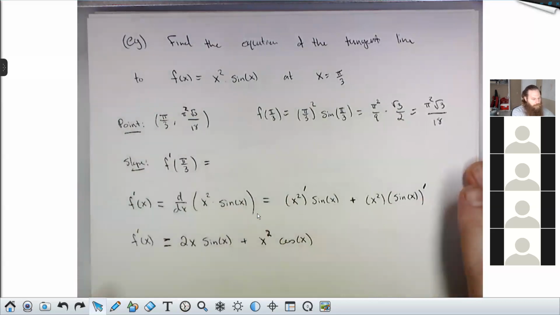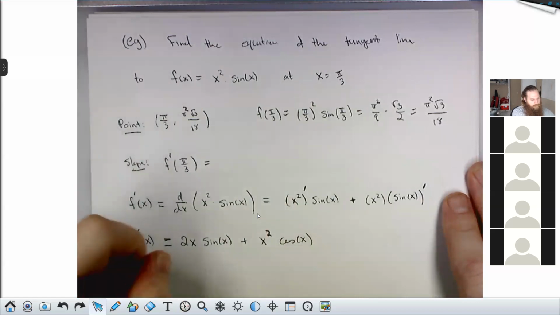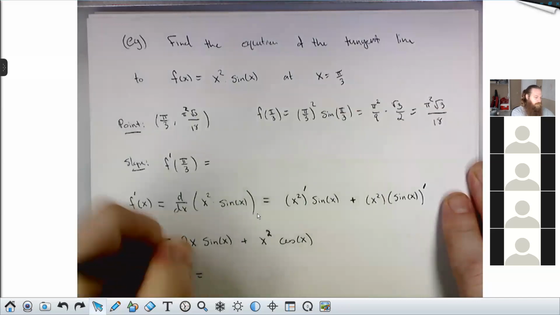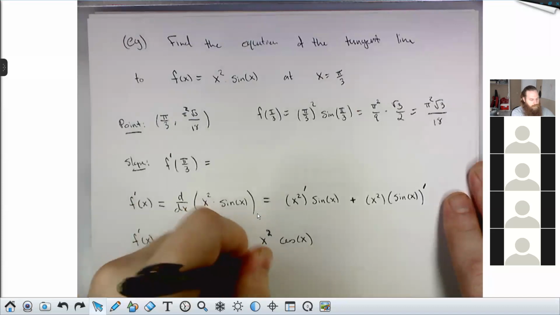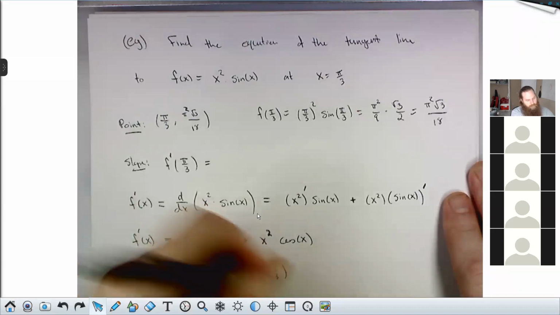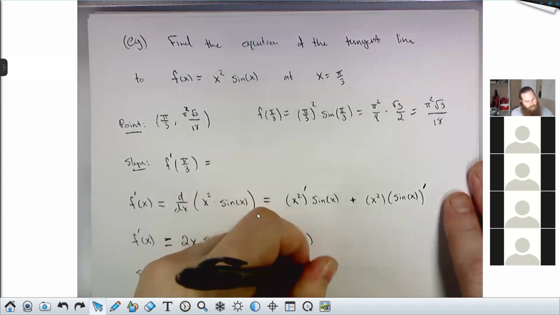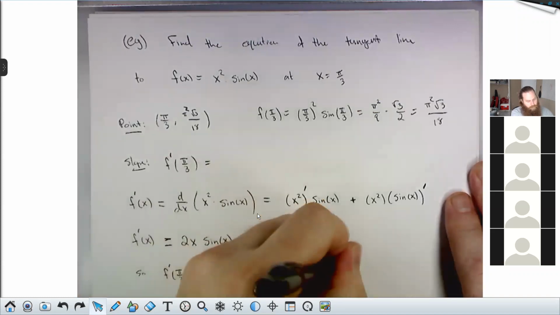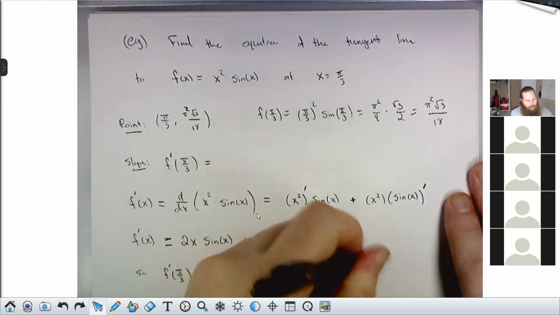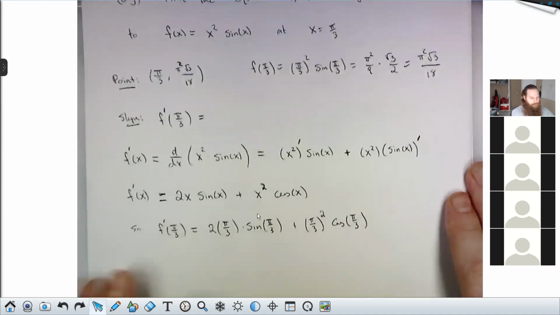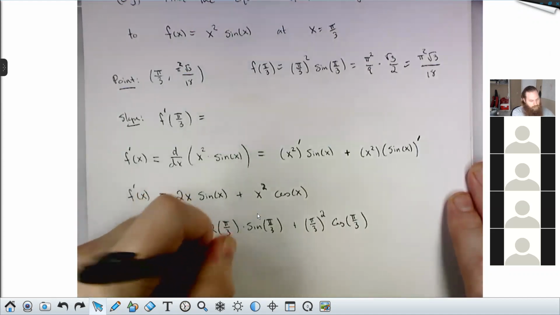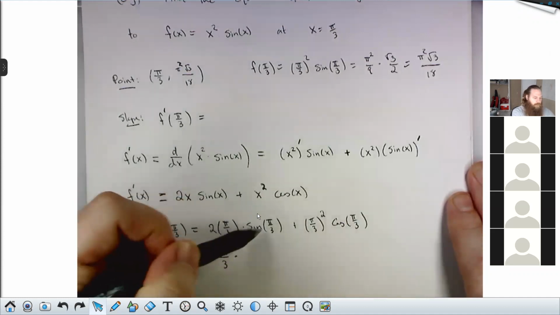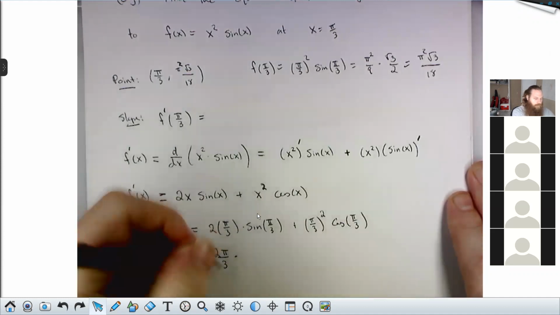So what is f primed of pi over 3? Well, again, we're going to have to know our unit circle. This is going to be 2 times pi over 3 times the sine of pi over 3 plus pi over 3 squared times the cosine of pi over 3. 2 times pi over 3 is just 2 pi over 3. What's the sine of pi over 3? We used this earlier.